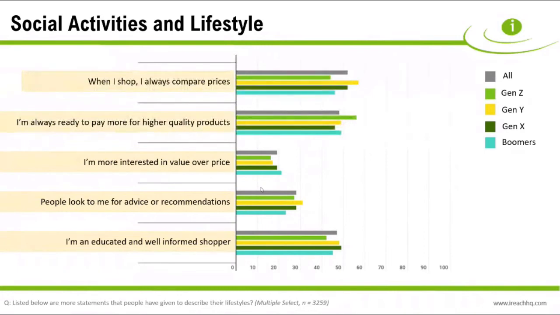Jumping up to the top, "I always compare prices." Again, it's becoming more and more of a driver for many brands, particularly in the retail FMCG space, where price comparison, even in financial services, people want to compare competitive prices across brands, but also across different shops or different labels as well.